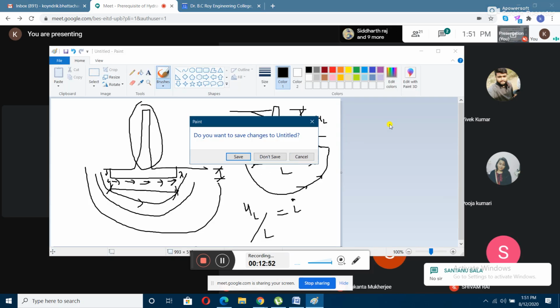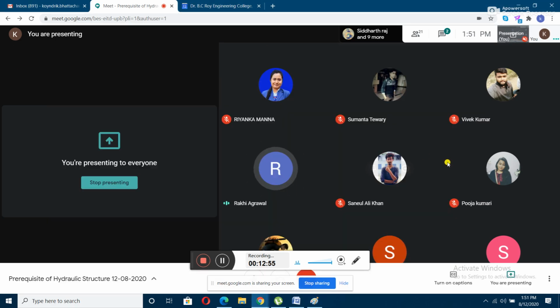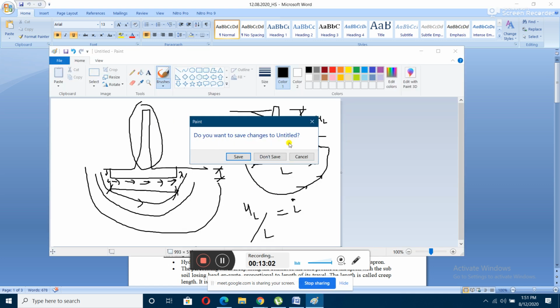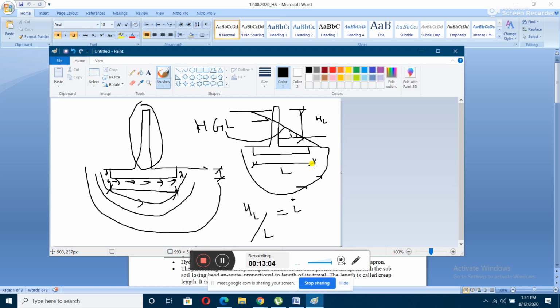Hello, sir. Yes. Sir, can you explain about creep once again? Yes, creep. The length traveled by the percolating water, that length Bligh denoted by L, and that is known as creep length. He assumed that the water will flow following this flow, in contact with this floor, so the length of the floor will itself be the length.